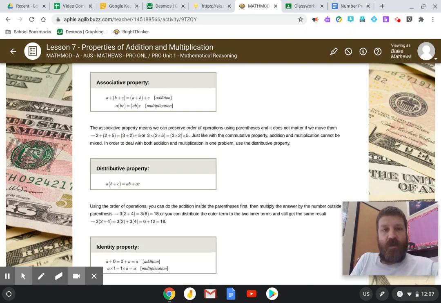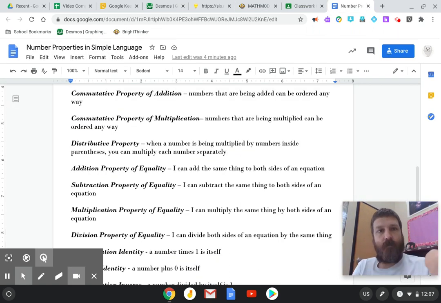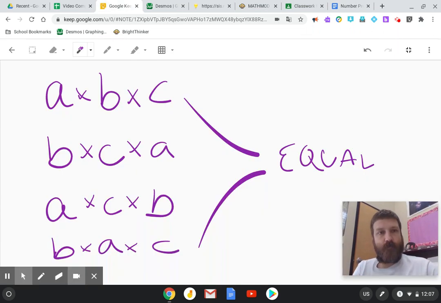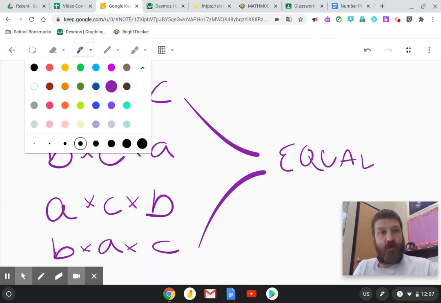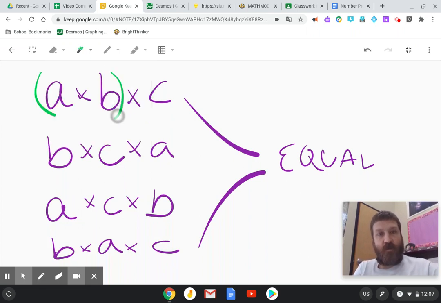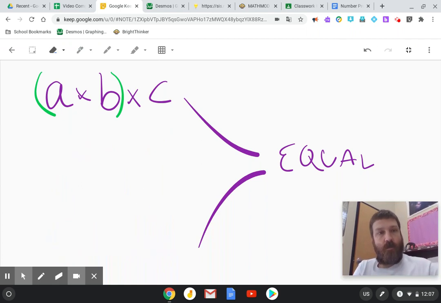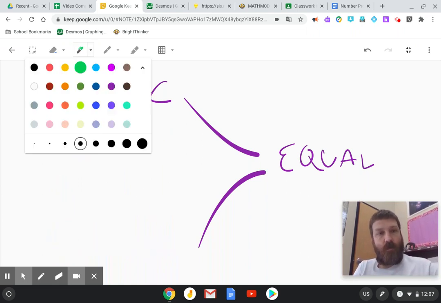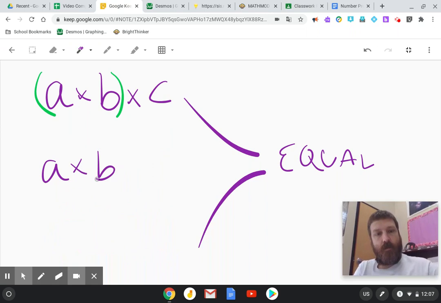The associative property is a similar concept, but this time we're talking about grouping. So this means that when I'm multiplying, for instance, if I were to put parentheses around these numbers, or around these numbers, the answers would still be the same.